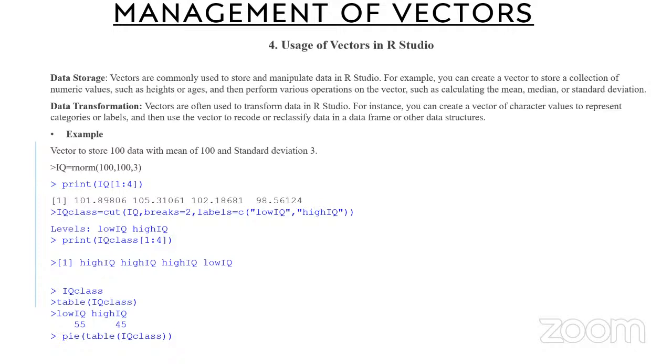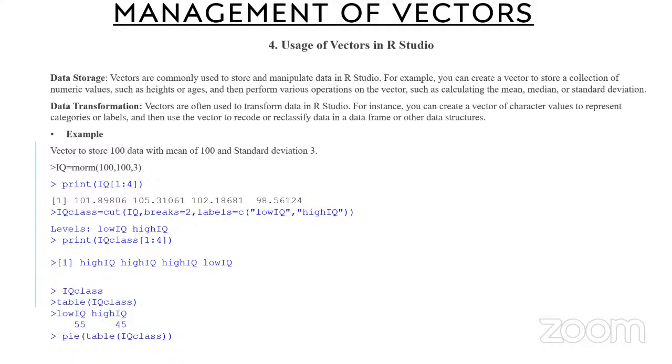So here you can find out table of IQ class. Okay, because here the vector is IQ class. IQ class means IQ classification. And this is the vector IQ. And this is a new vector. In IQ class, you will get low IQ 55 and high IQ 45.